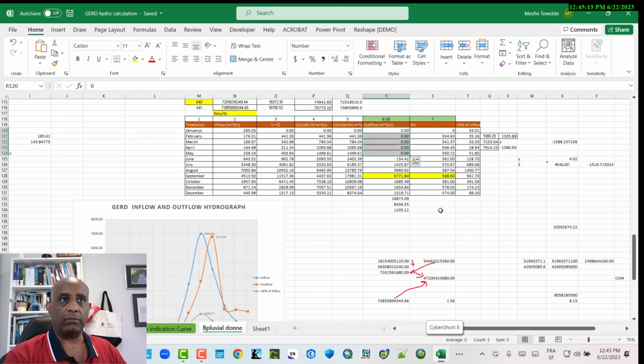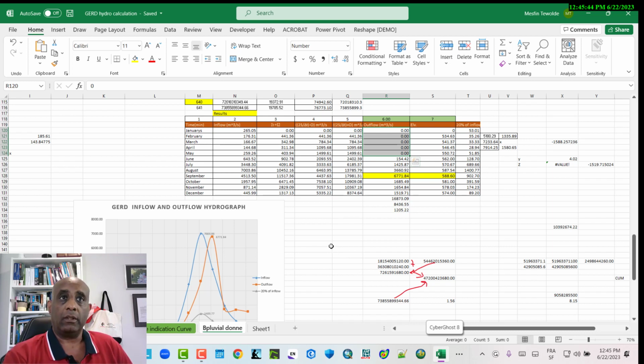This is an assumption because everything is closed between January and June. The water can't be released because the 4 diversion or sluice gates are closed, so no water going out. That's an assumption. That's a scenario. It's not a real case.